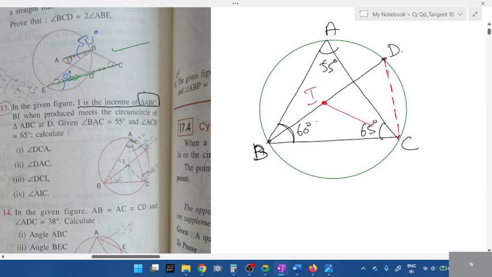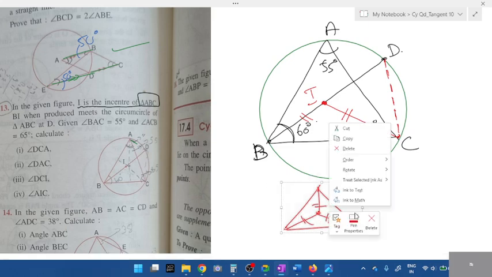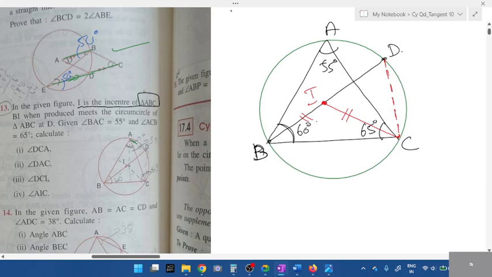If I join I and C, BI will be equal to IC. For a triangle, just now I explained what is the center: the point where all three lines will be equal. I'll explain this next. First, DA.